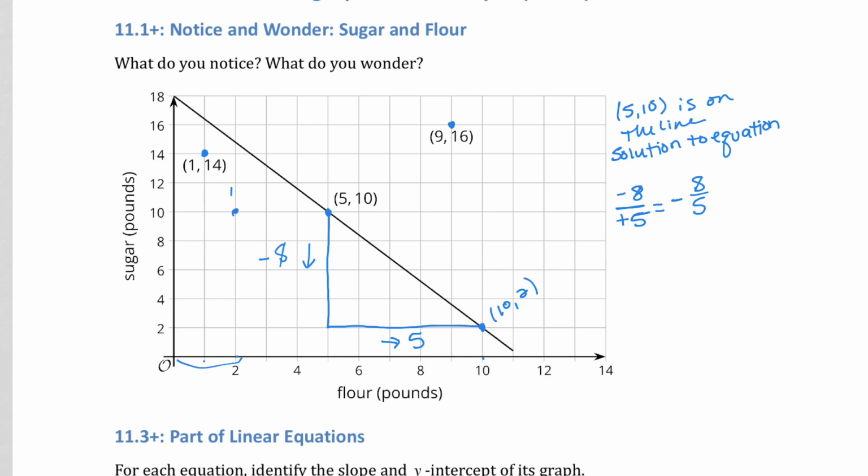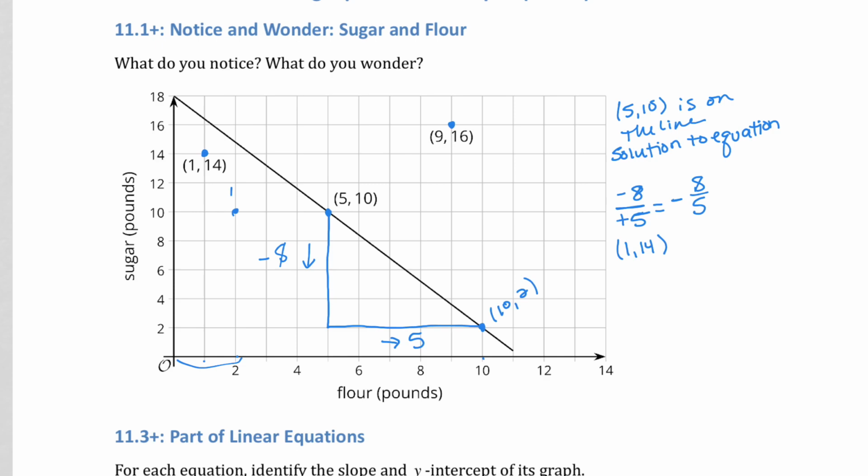That wasn't quite where I was wanting to go with that, but you said slope, so we did it. So if I look at the point 1, 14, is that a solution to our equation? No. Okay, will it be more or less than a solution to the equation?